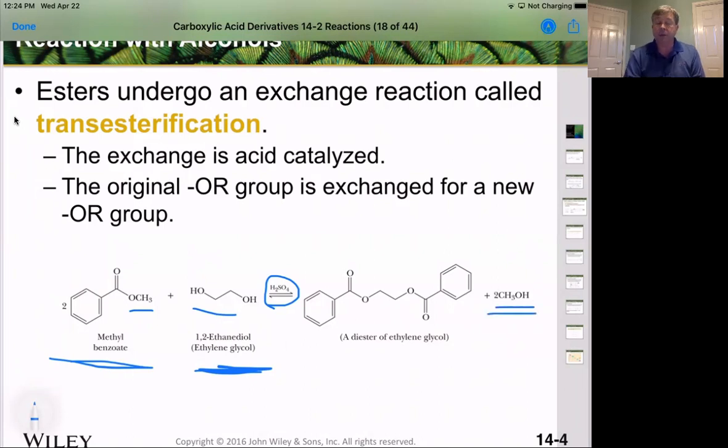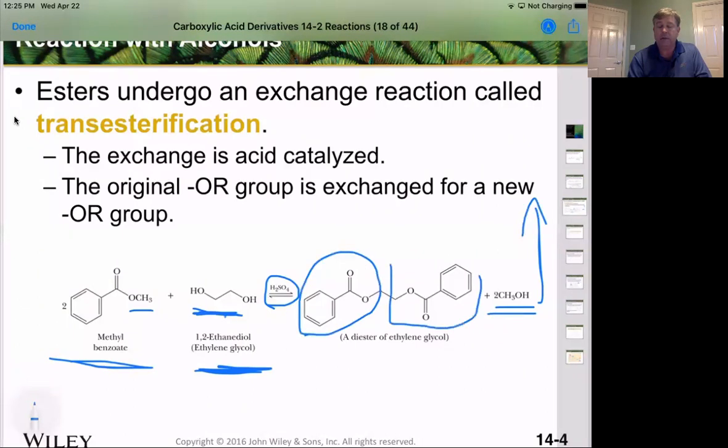Methanol has a very low boiling point, and we typically boil that out of the reaction to drive the reaction to completion, okay? In this case, we have two alcohols on our material, therefore we're making a diester of our system, and so we call this ethylene glycol dibenzoate because we've created two esters on this ethylene glycol functionality.